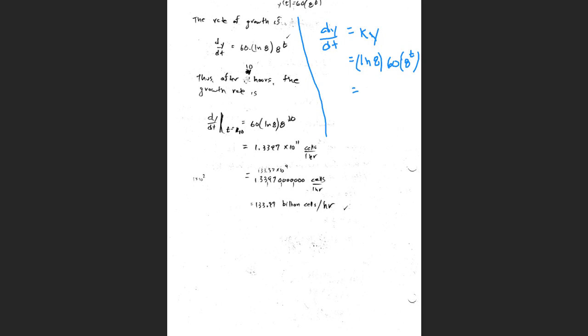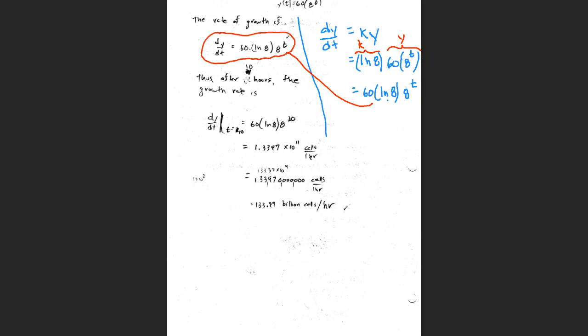So this would give us 60 times the natural log of 8 times 8 to the t-th power. This here is k, and this here is y. So this is how I get this result here.